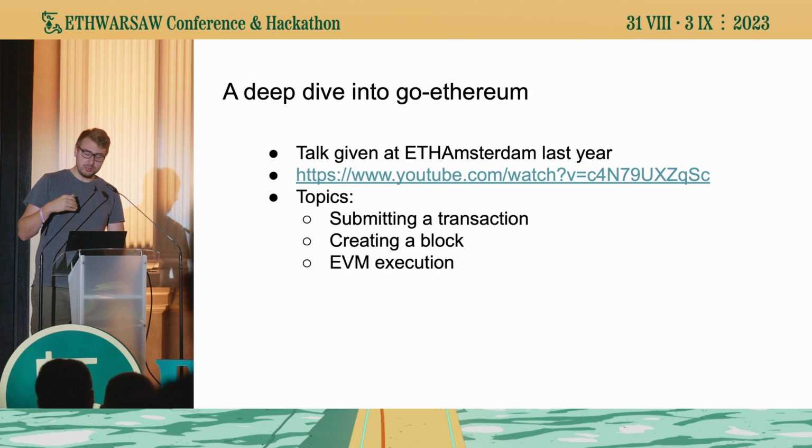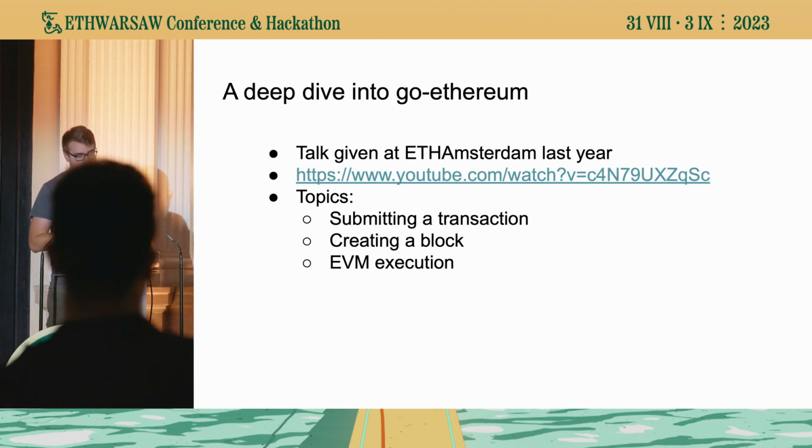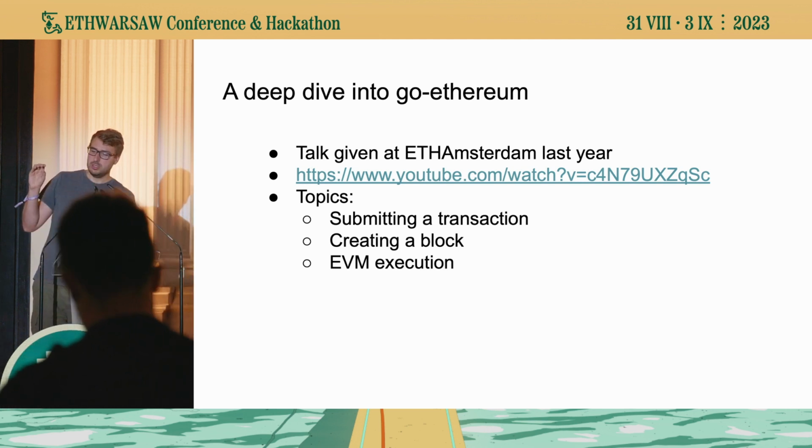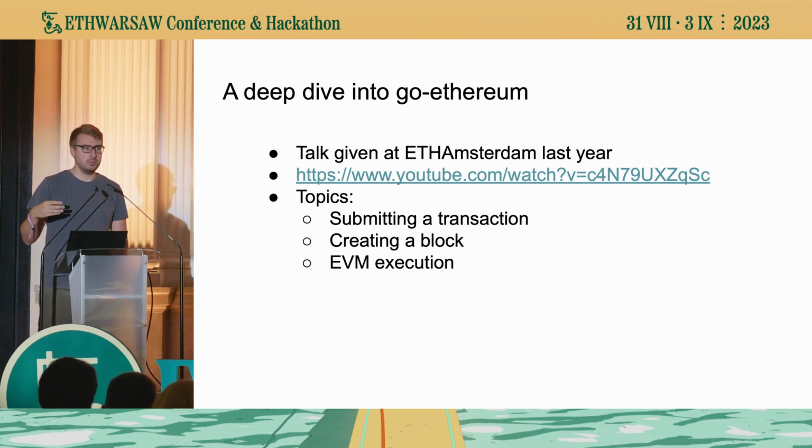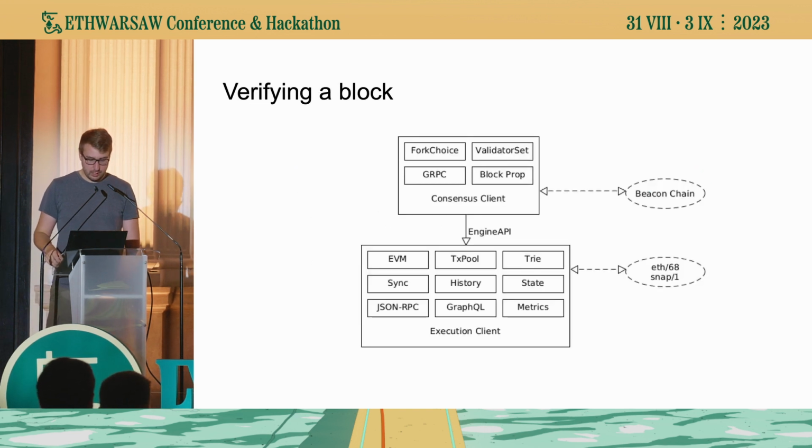Today I want to trace another transaction, but now we don't start at the ETH API, which is the entry point where you send your transactions if you send them via JSON RPC. Today we want to start at the engine API.